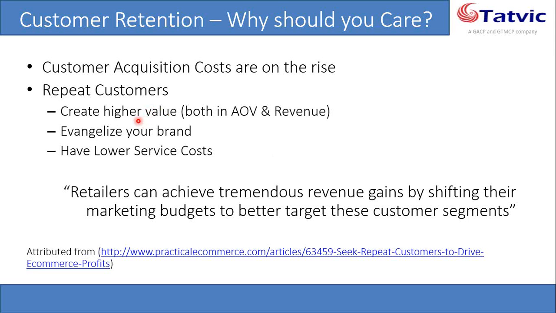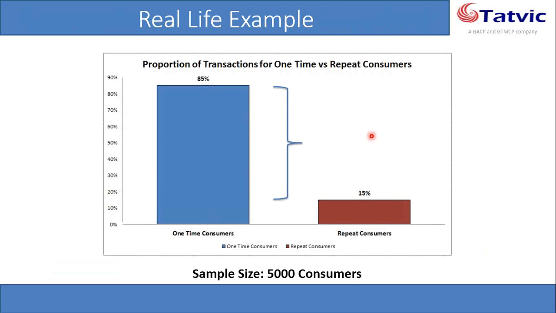Yes, I would like to expand on this point, repeat customers creating higher value in terms of average order value and revenue. For this, I pulled up a bunch of Google Analytics e-commerce data for a sample size of 500 consumers.